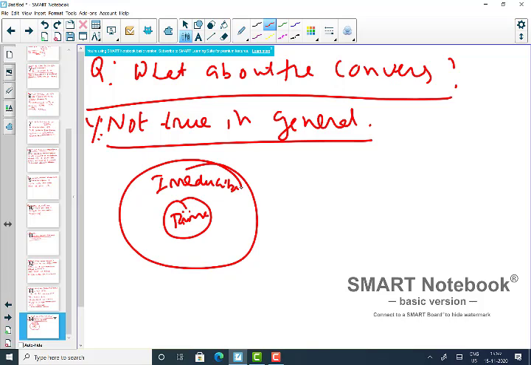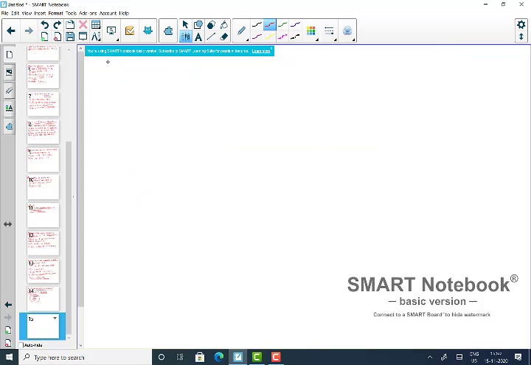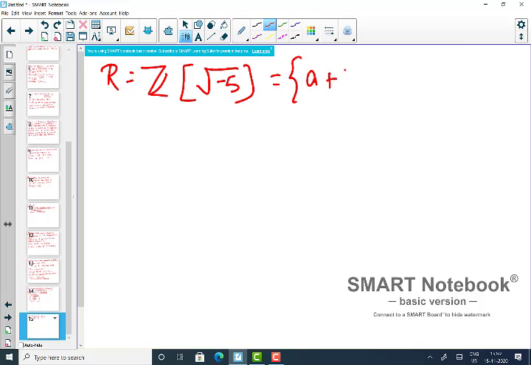Okay, so let me start with an example. Let me define this ring, called Z adjoin root minus 5. This is all the elements of the form a plus b root minus 5, where a, b are elements of the integers.